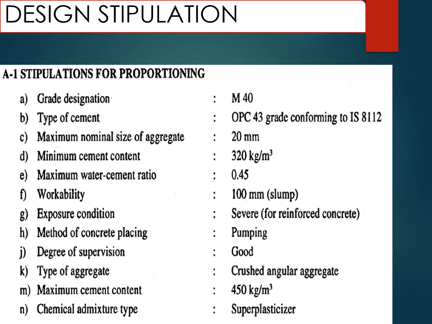Method of concrete placing, say this is to be pumped. The degree of supervision is good. Type of aggregates are crushed angular aggregates. Maximum cement content is 450 kgs per cubic meter, and the type of chemical admixture is, say, superplasticizers.